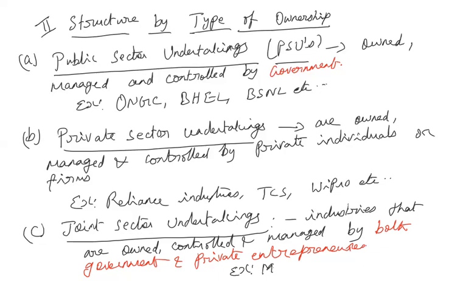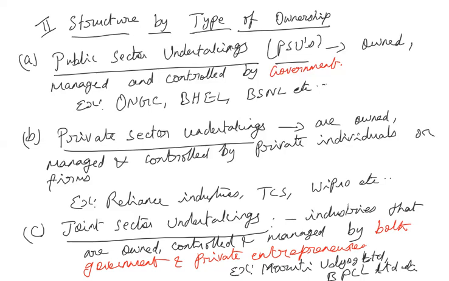So you can give some examples: Maruti Udyog is a joint sector undertaking, and BPCL, Bharat Petroleum Corporation Limited. They all come under the joint sector undertaking. So this classification is based on the ownership of a particular undertaking.